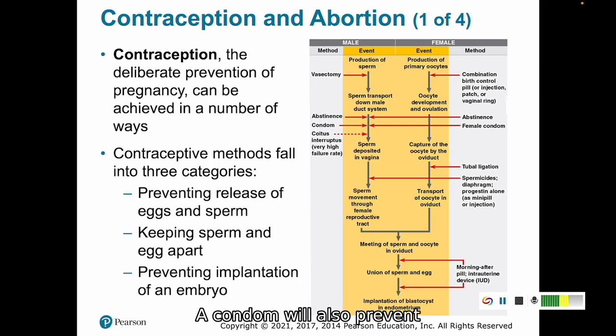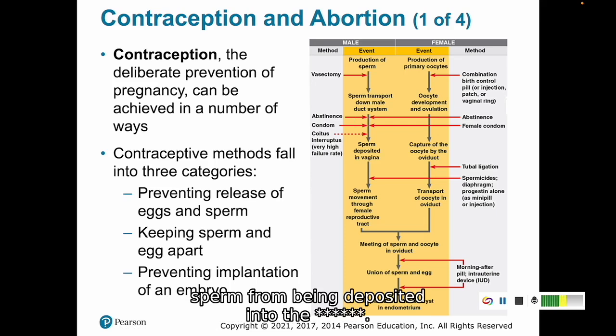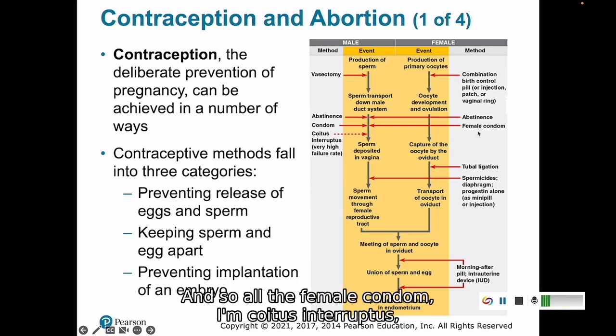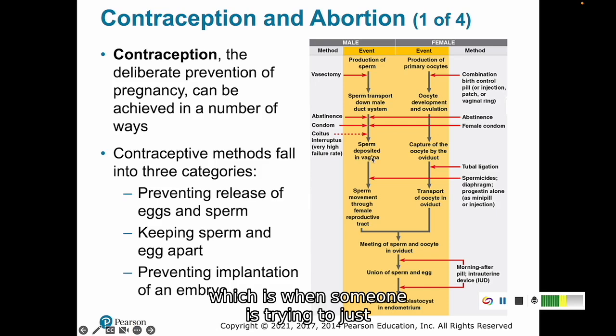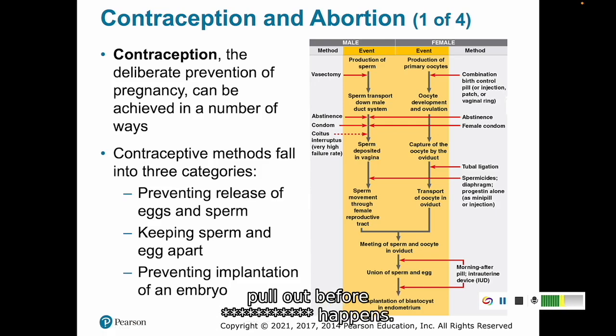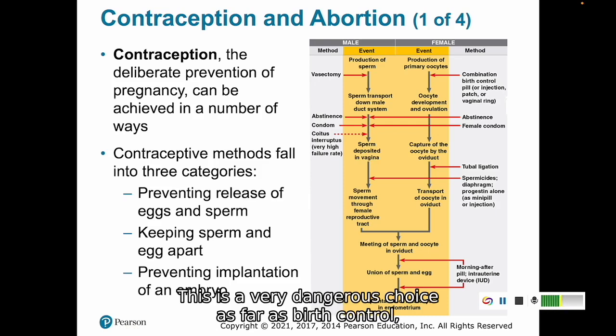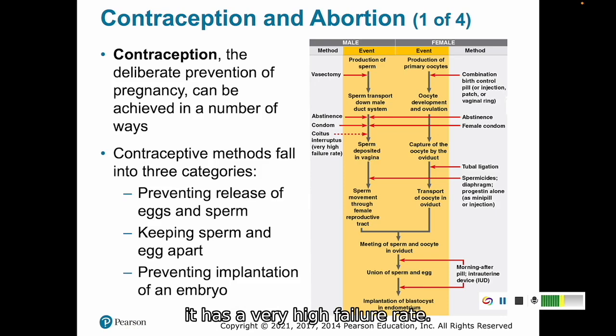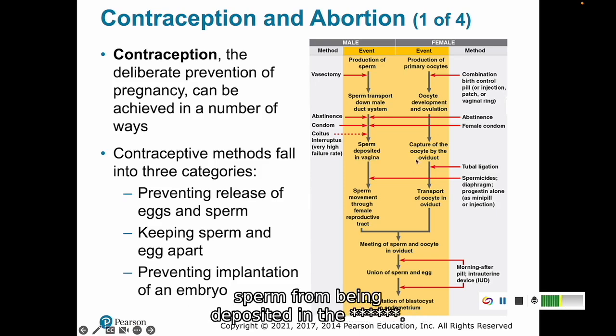A condom will also prevent sperm from being deposited into the vagina, and so will the female condom. Coitus interruptus, which is when someone is trying to just pull out before ejaculation happens. This is a very dangerous choice as far as birth control. It has a very high failure rate, but ideally that would prevent sperm from being deposited in the vagina.